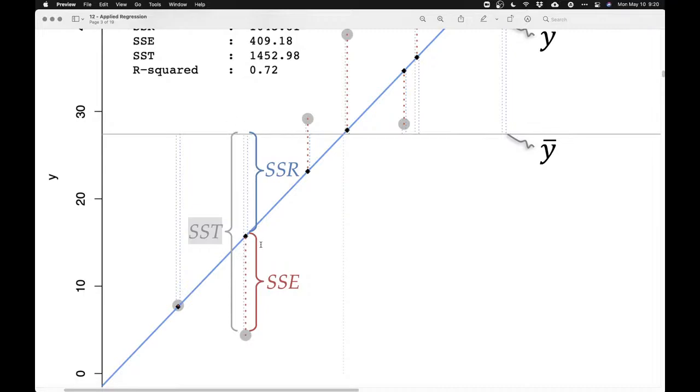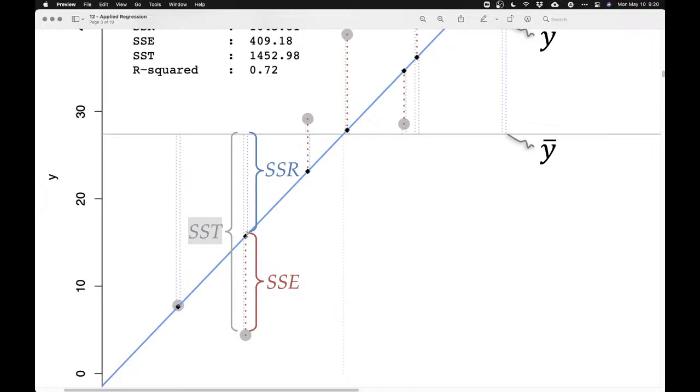All right. So there's three differences we can look at. One is the difference of the point from the regression line. That distance, if you squared it and summed it, you would get the error variability, or SSE, sum squared error.